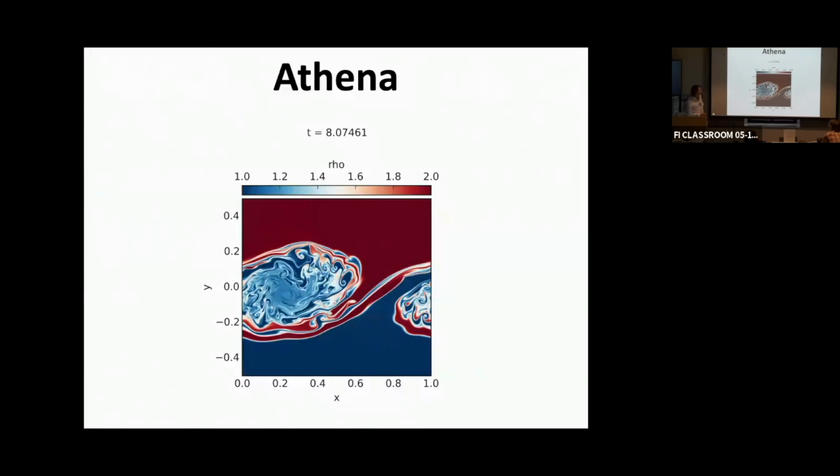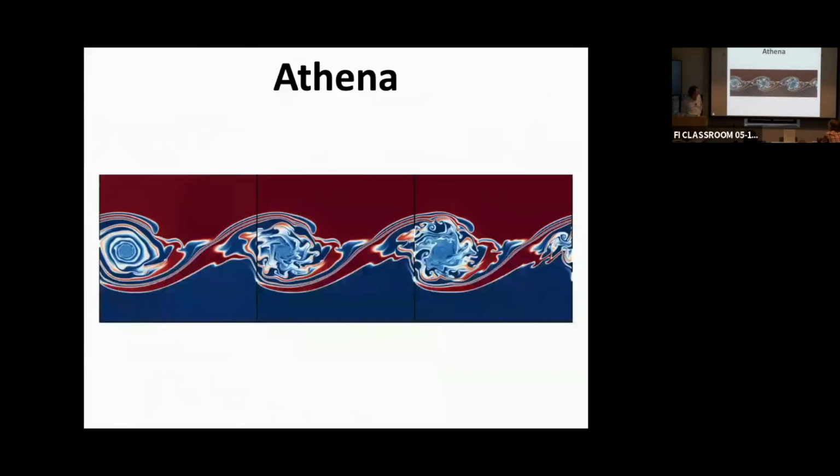Okay, so I ran this simulation in Athena with a resolution of 2048 by 2048. And then I tried increasing the resolution, and I also tried decreasing the resolution. And these are the 3 cases. So this is the 2048 simulation.